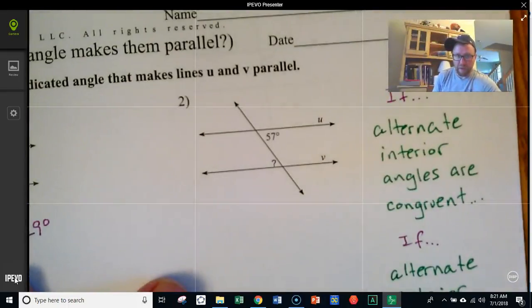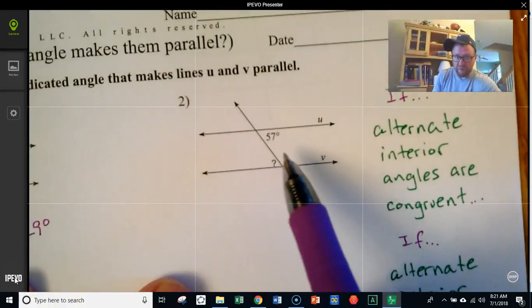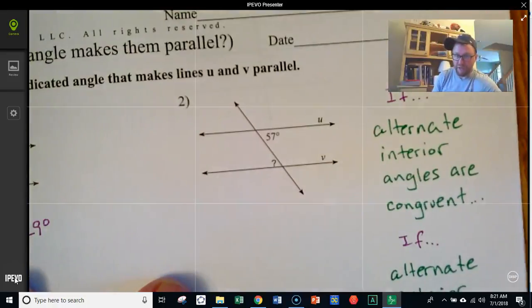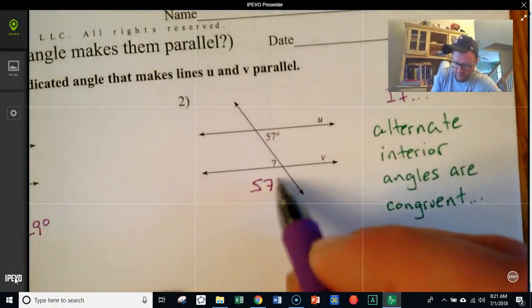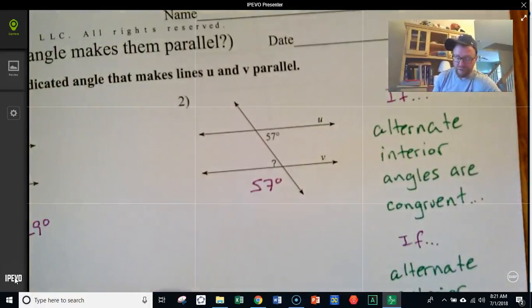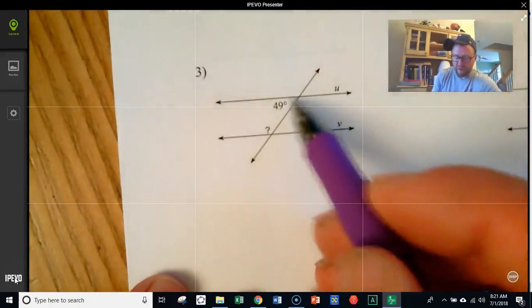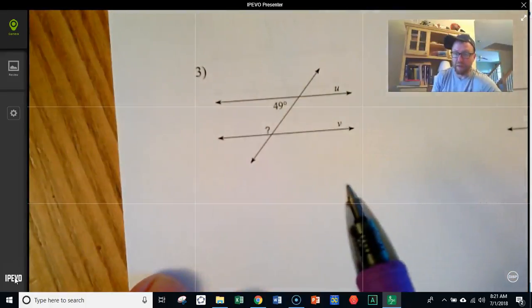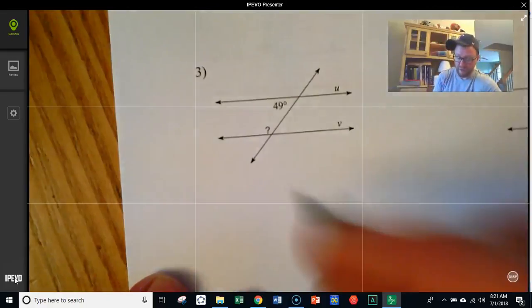Right? So here we have alternate interior. These are on opposite sides of the transversal, in between the parallel lines. Alternate interior, they should be the same. So this should be a 57 degree angle. If it's 57, then the angles would be congruent, then the lines will be parallel. Here, these are on the same side of the transversal, in between the parallel lines, so it's same side interior.